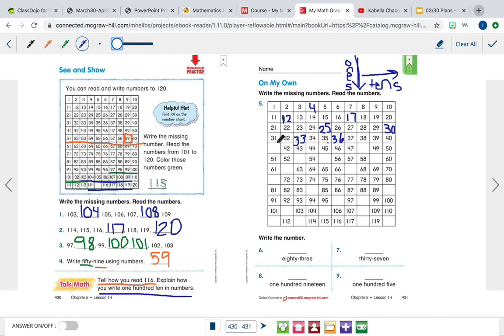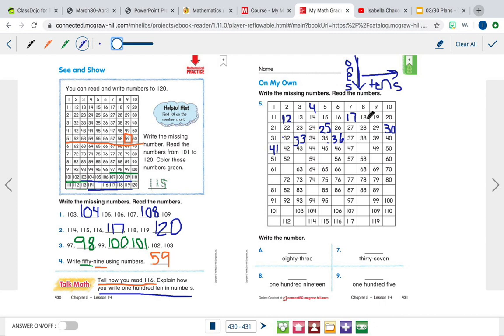What about this one? Well, if we look at the ones place first, we see all of the ones in the ones place are 1. And if we look at the tens place right here, we see that this has 4 tens. See, so you can always use your number chart to find something different.